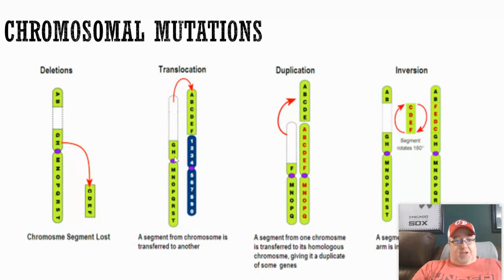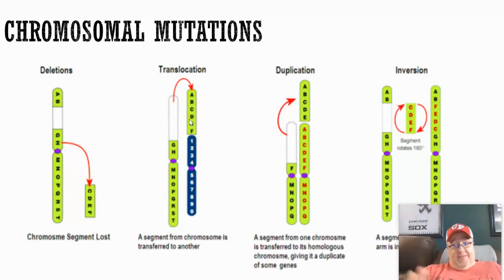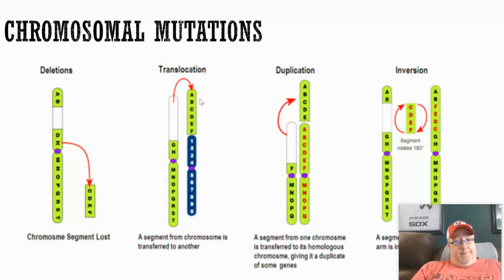Let's say, for example, this green chromosome is chromosome number 2, and the blue chromosome is chromosome number 17. So a piece of number 2 was cut off and put onto chromosome 17. That's not normal. That impacts, again, multiple genes, multiple proteins are impacted by that. So that's called a translocation.